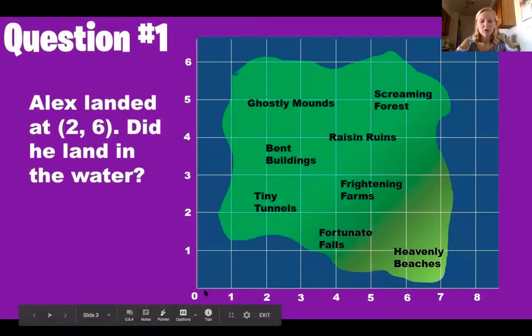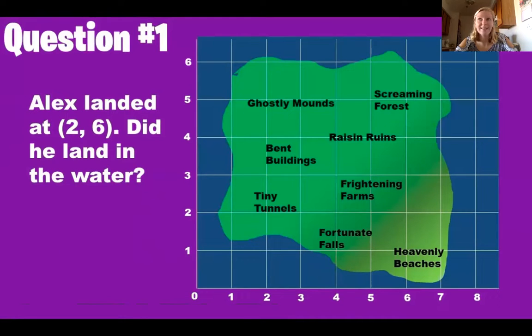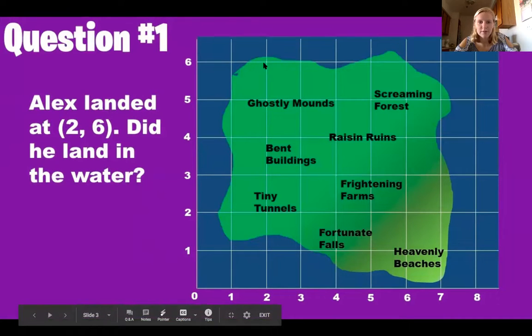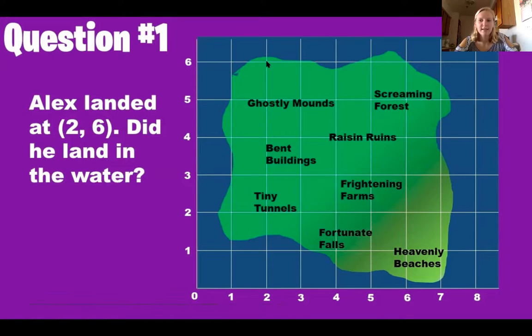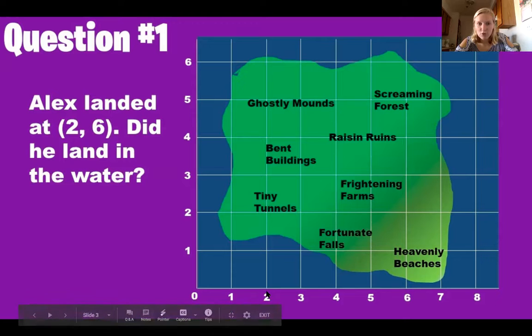So that means we're gonna go 2 spots to the right, which means we're going 2 spots east. Okay, we're on 2 spots east, and then we got to go up 6. Let's go 1, 2, 3, 4, 5, 6. Our point would be right here. We went north 6 spots. So we went east 2, north 6 to get to that spot.